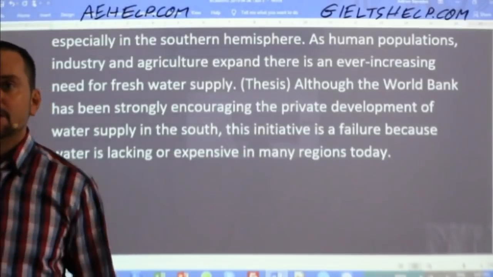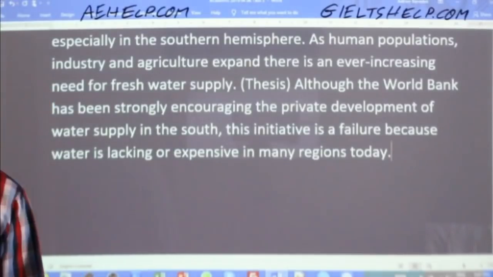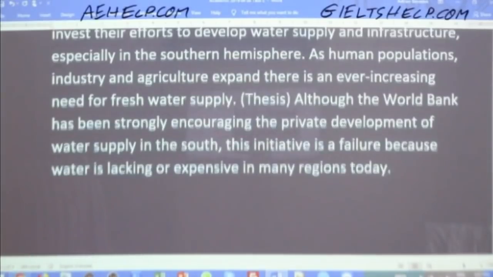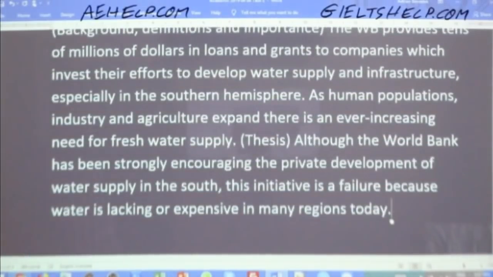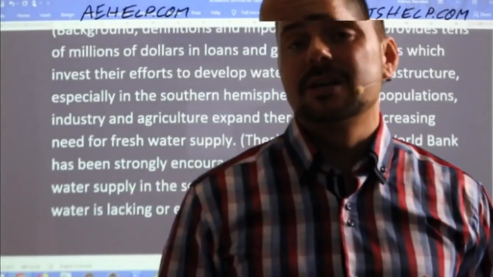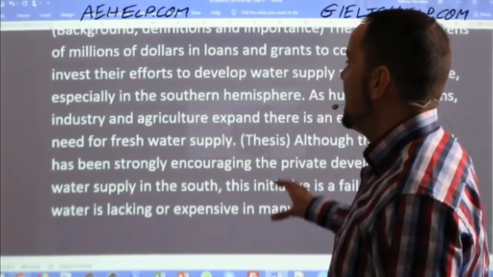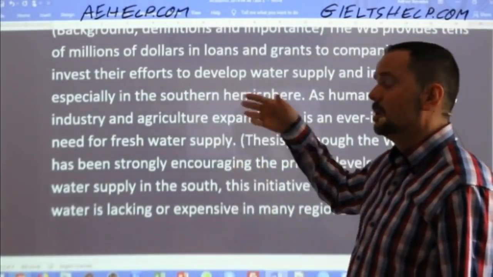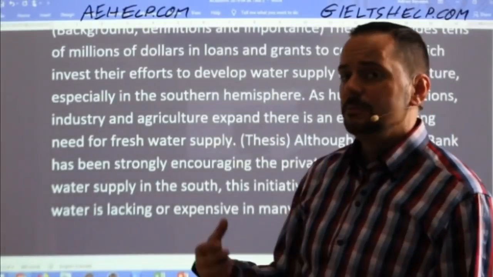Okay, so that is my introductory paragraph, and that's of course a Band 9 level introductory paragraph. Now with this question, it's unfortunately very easy to get a low band score, because if you don't have this idea, if you cannot present something similar, it can be with easier vocabulary, it can be with easier grammar, but you have to present this idea.